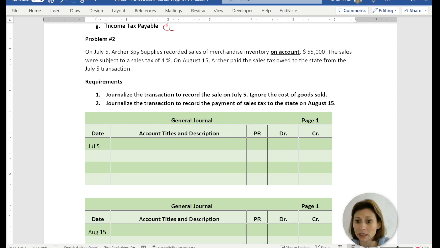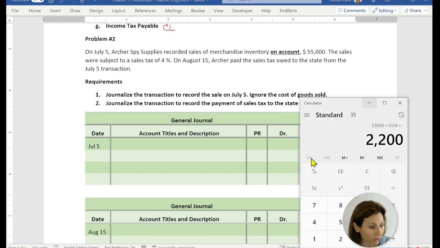Like I said, the customer said, put it on my account, I'll pay you later. So we are going to receive very soon, but not yet, 55,000 from the customer and the 4% for the sales tax. Let's do a calculation to find that. You can see I already did that. I'm going to get rid of my little camera so we have more room for viewing.